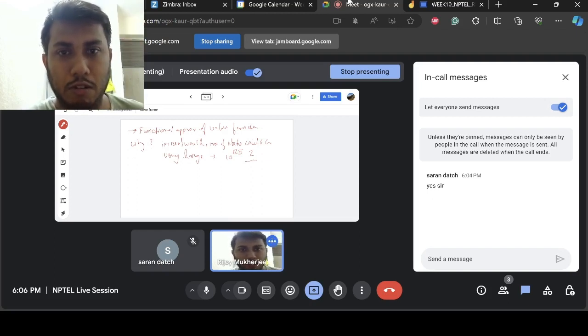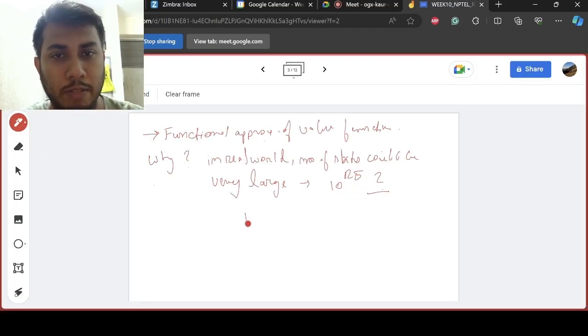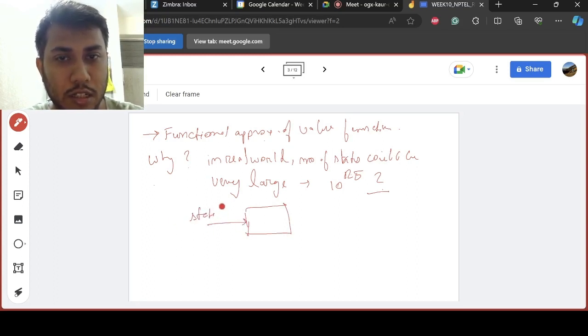So instead, what we are trying to do is find a functional approximation for these states, such that you give it a state and you have something like a black box here, where you input the state and you get the output f of s, which is basically the value function of s.